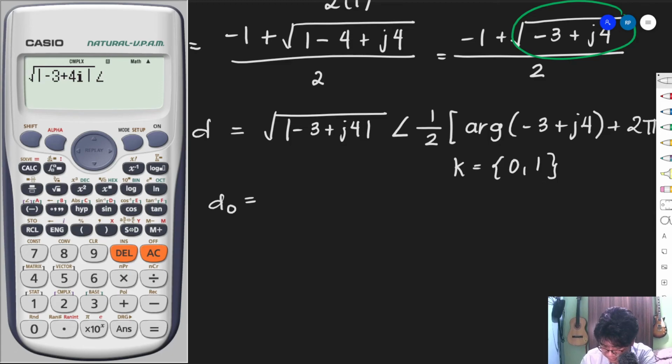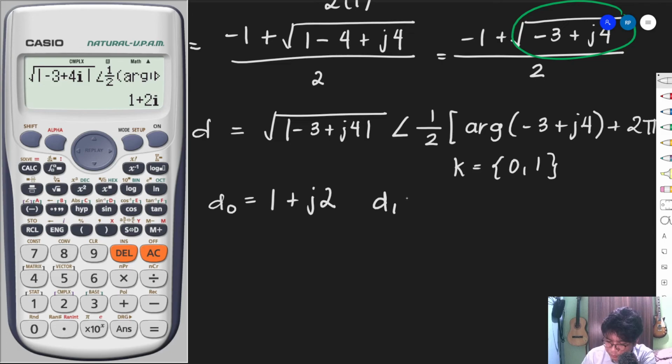So yung angle operator, we have 1/2 times shift 2 1, the argument nung complex number natin, negative 3 plus 4i, then plus 2 pi alpha x. Then calc 0 equals. So we have 1 plus 2i, or simply 1 plus j2.